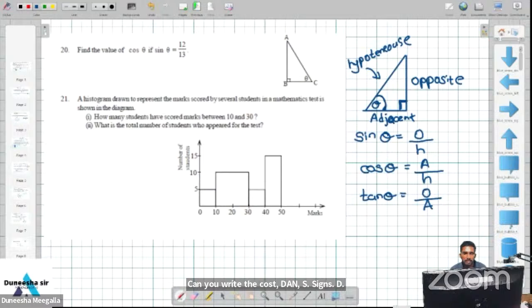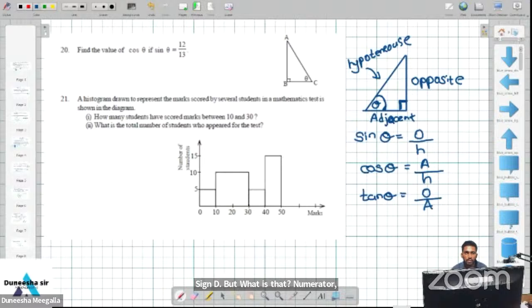Then what is given here? Find the value of cos theta if sin theta is given. Sin theta is a fraction. What is the numerator? The value given for sin theta is 12 over 13.